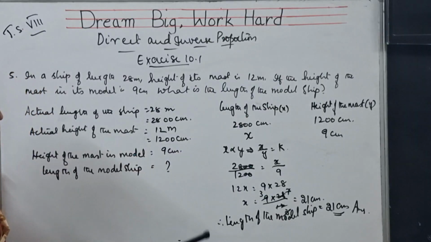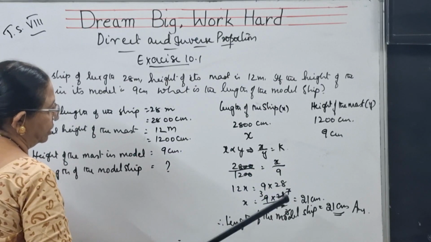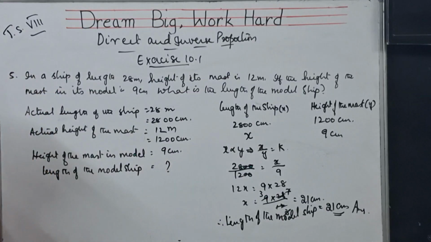Zeros will get cancelled. So cross multiplication, 12 into x is equal to 28 into 9. On calculating, we are getting x value as 21 centimeters. So length of the model ship is 21 centimeters. Please note it down.